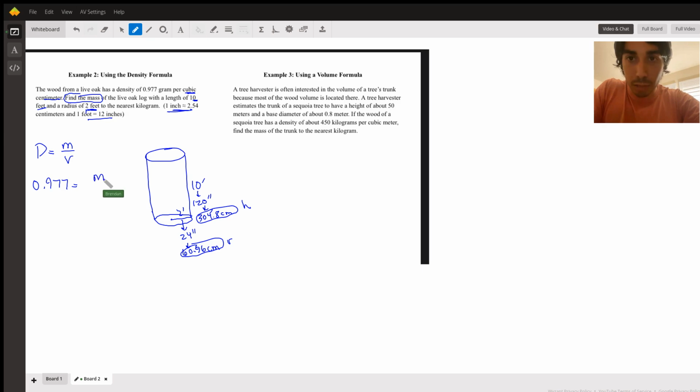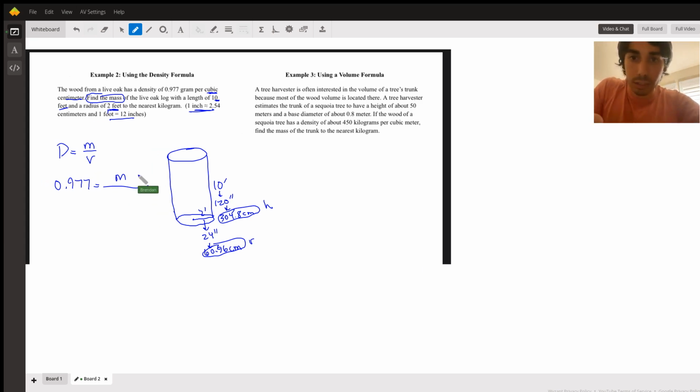So that means we'll be able to plug something in for the volume. And sure enough, once again, we can, because we have a height and a radius, and that's all we need to get the volume of a cylinder. So if you remember the formula for volume of a cylinder, it is pi times the radius squared times the height.